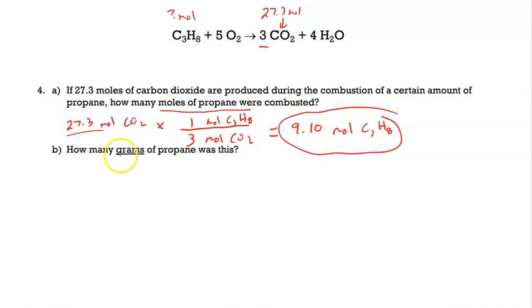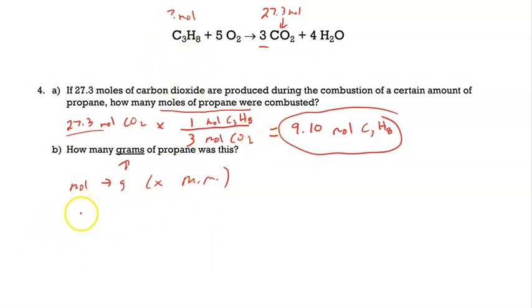Okay. Now, how many grams of propane is that, right? So I'm just going to go from moles to grams, which means I'm going to multiply by molar mass. Okay, so molar mass of propane, I think we figured that out in topic 6.3 notes, but 3 carbons plus 8 hydrogens has a molar mass of 44.11.